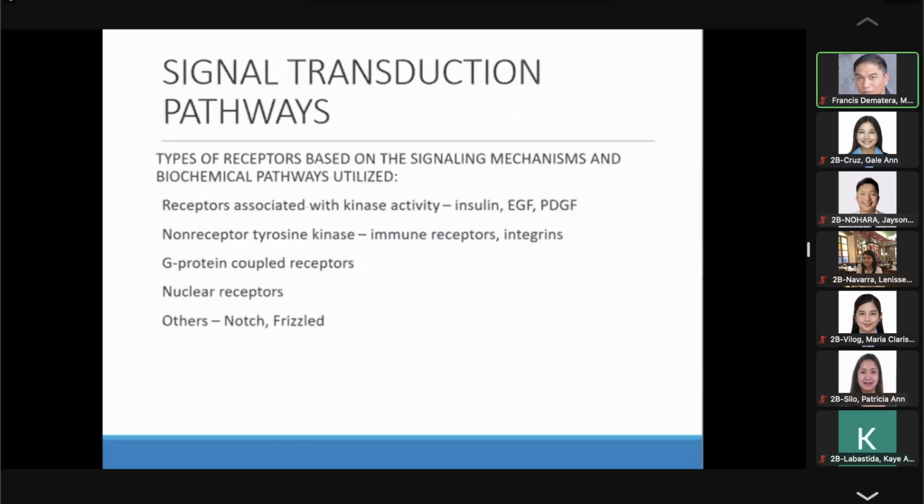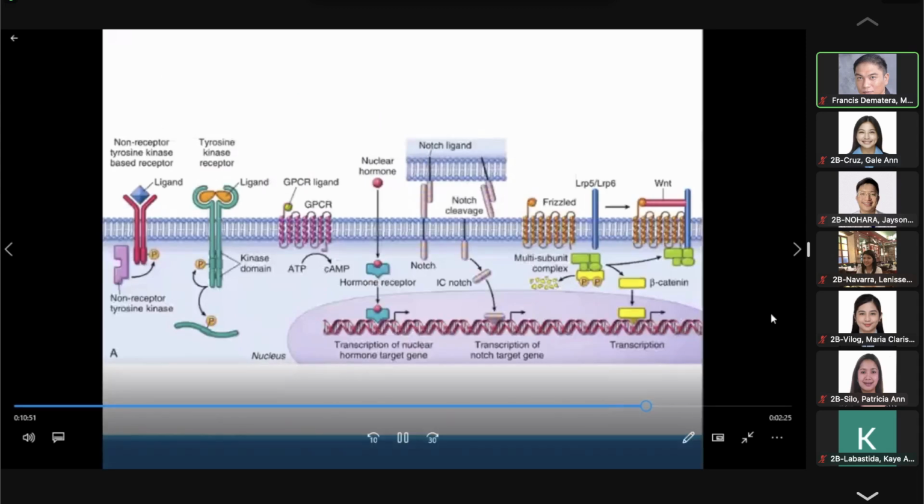So we have receptors that are associated with kinase activity such as insulin, EGF, and PDGF, non-receptor tyrosine kinase, such as immune receptors, integrins. We also have G protein coupled receptors or GPCRs, nuclear receptors, and other receptors such as Notch and Frizzled receptors.